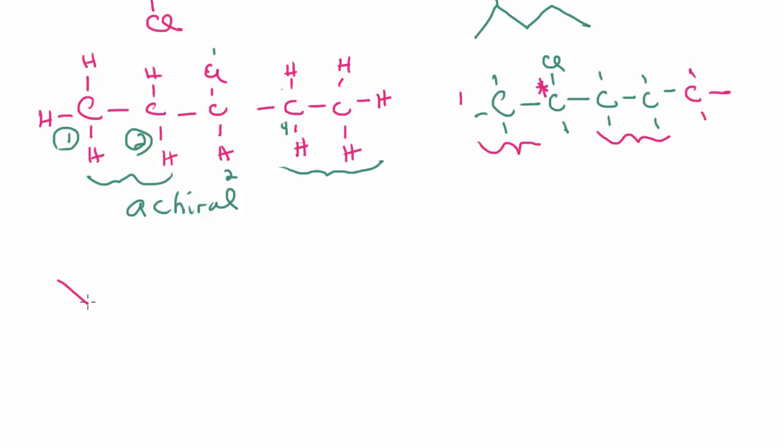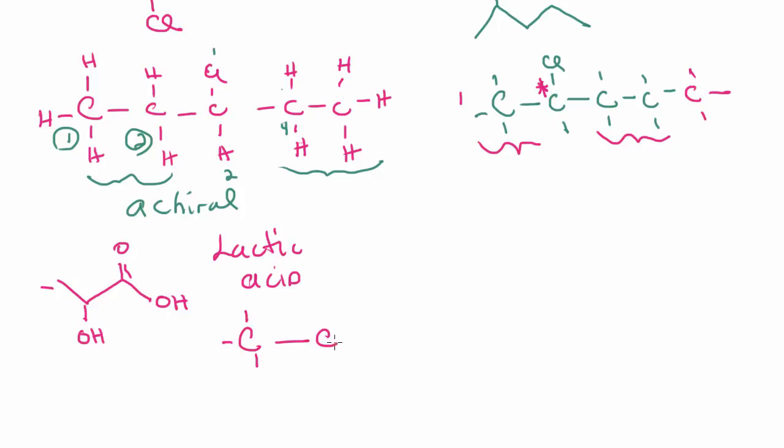Let's take a look at this molecule here. This happens to be lactic acid. You wouldn't know that yet. We'll study that a little bit later. So again, if I'm not comfortable with the line structure, I know that this here is a CH3.